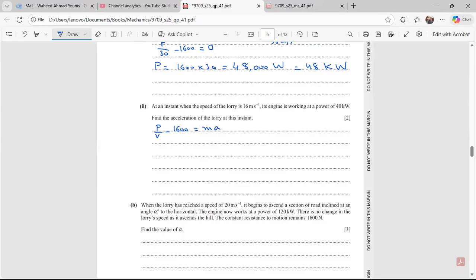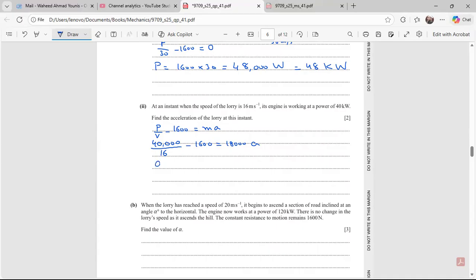The power at this time is 40 kilowatt, so 40,000 watts divided by the speed at this moment, which is 16 meter per second, minus 1600, and this is equal to mass times acceleration. Mass of the lorry is 18,000 times acceleration.